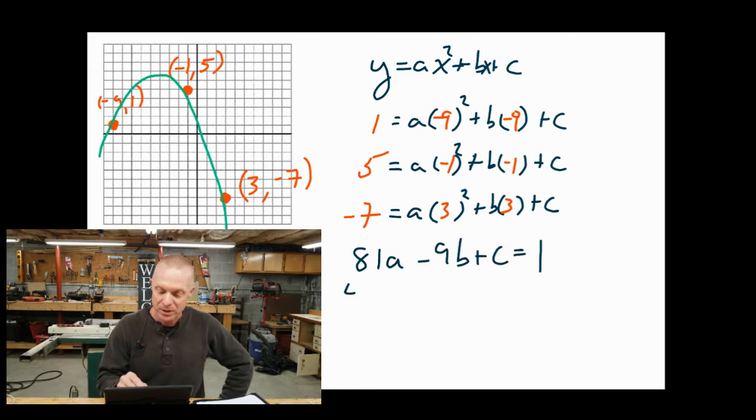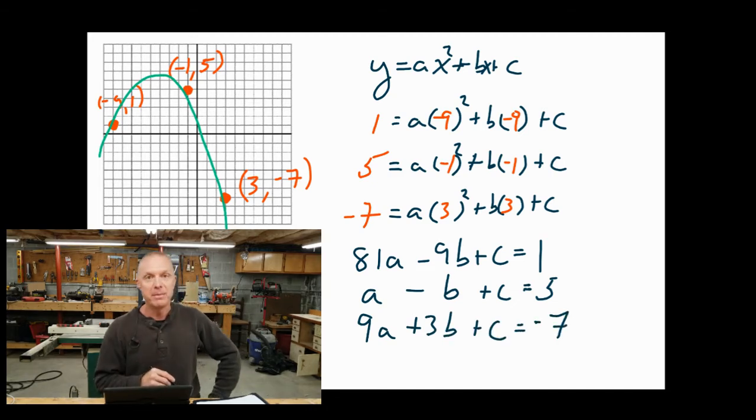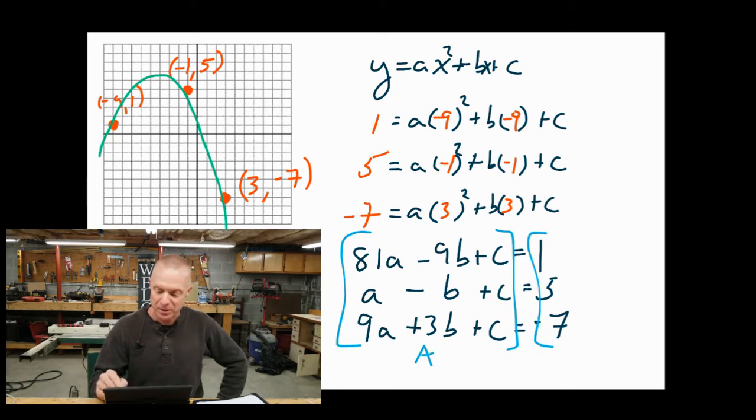The second equation, when it cleans up, actually gives you a positive 1a, but a minus 1b plus c, that equals 5. And then the last equation looks like it's going to be 9a plus 3b plus 1c equaling -7. Look familiar? Of course, this is just our infamous matrix. That is our magic matrix A, and our magic matrix B.